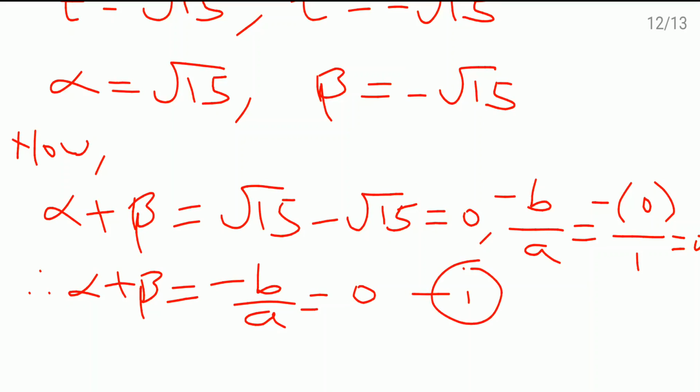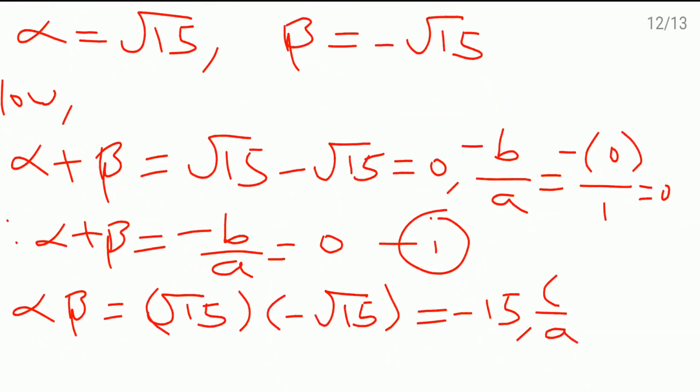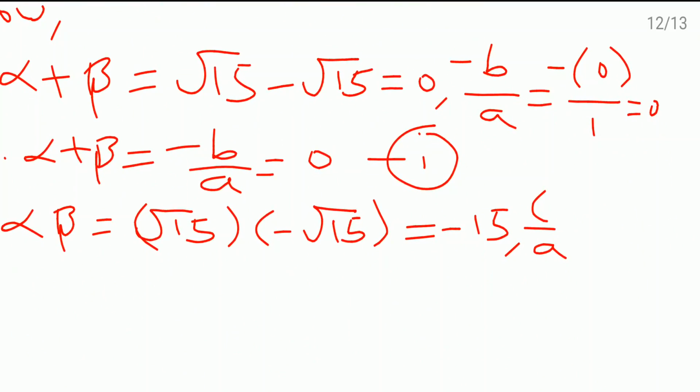Now we'll write down the product, alpha into beta. So root 15 into minus root 15, which comes as minus 15. And here c by a. C is what? Minus 15. A is what? A is 1. So our answer comes as minus 15.